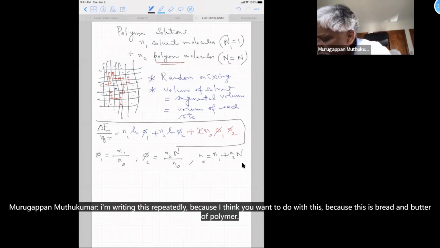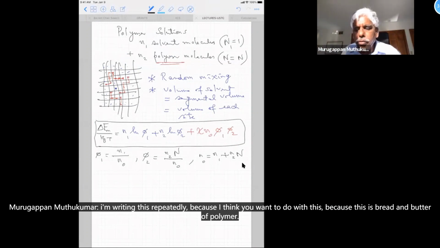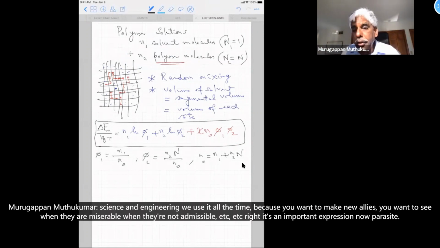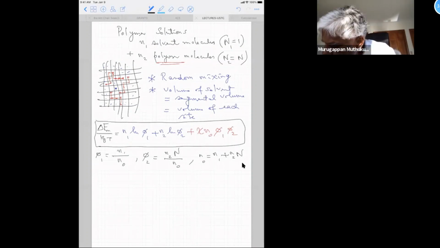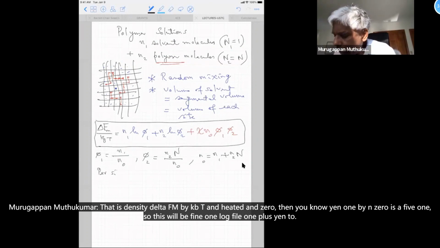I'm writing this repeatedly because I think you want to remember this, because this is the bread and butter of polymer science and engineering. We use it all the time because you want to make new alloys, you want to see when they are miscible, when they're not miscible, et cetera, right? It's an important expression. Now, per site, that is density, delta Fm by kBT, and here is N0, then you know N1 by N0 is phi 1.